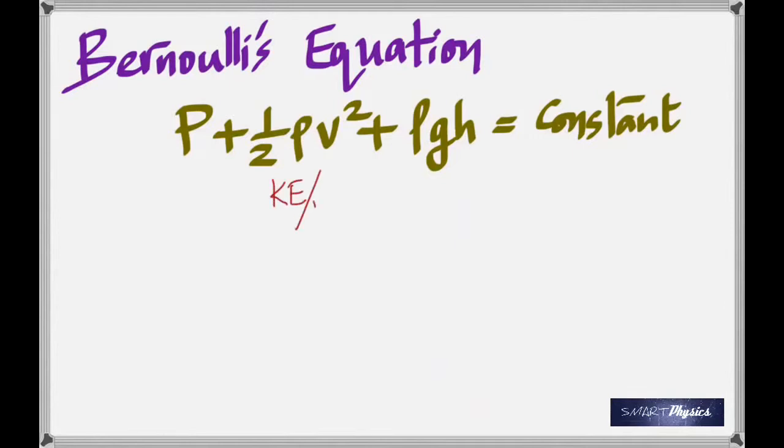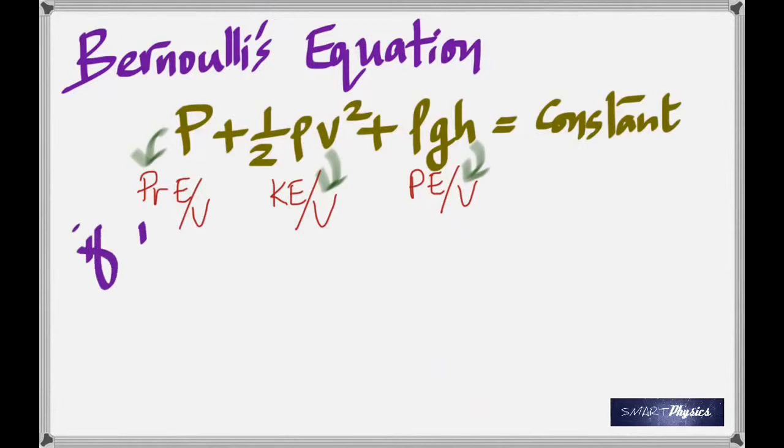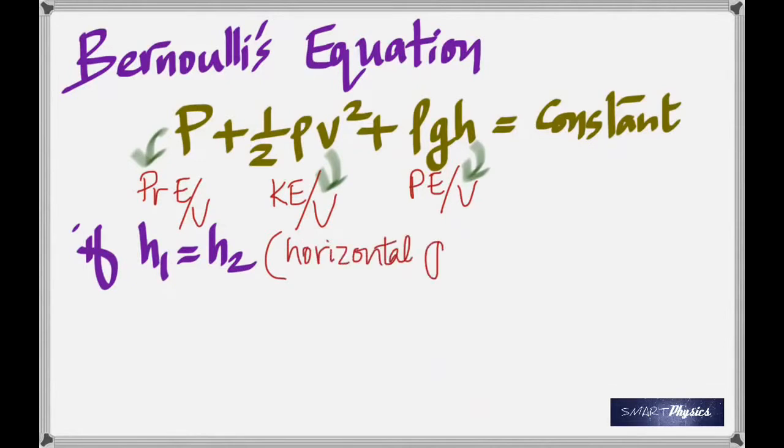So that is kinetic energy per unit volume, the second term. The third term is potential energy per unit volume. And the first term is pressure energy per unit volume. I also mentioned if H1 is equal to H2, that means the tube is horizontal, then you only have to consider two terms because the potential energy term gets cancelled.